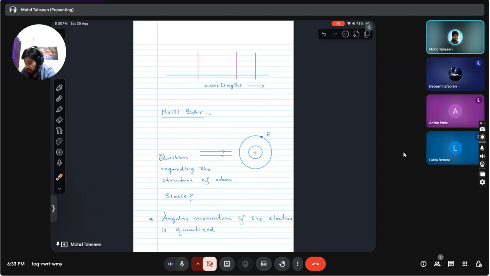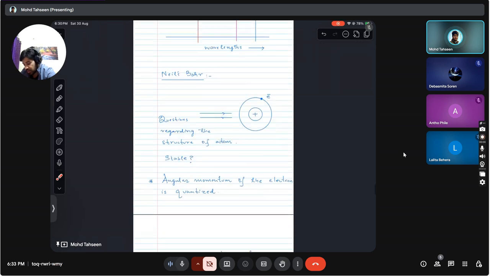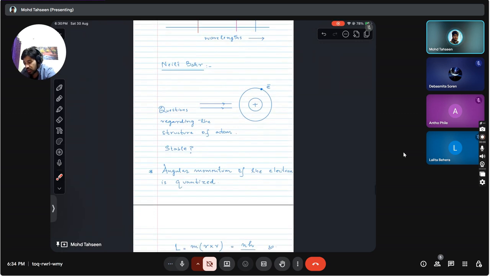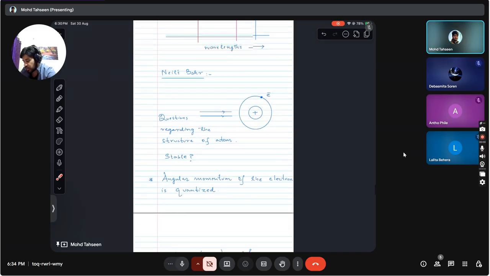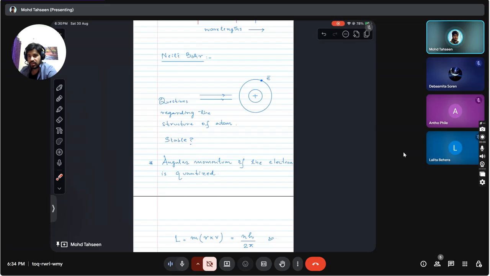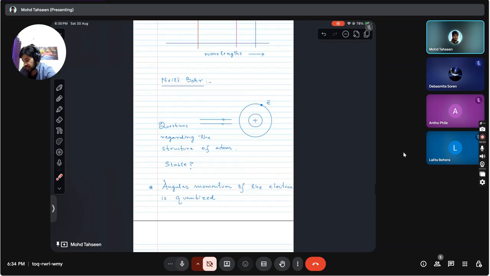Now he further hypothesized that the angular momentum of the electron is quantized, right? It's discrete, and by making that assumption, he was able to correctly predict this discrete spectrum of atoms, and he gave his model of the atom, which is very widely accepted till date.